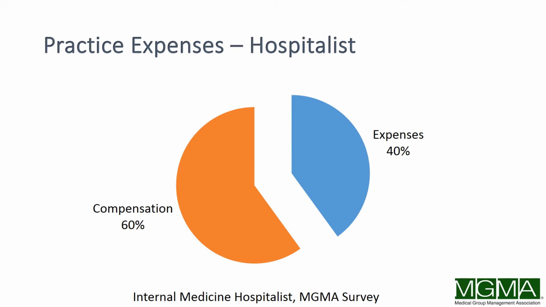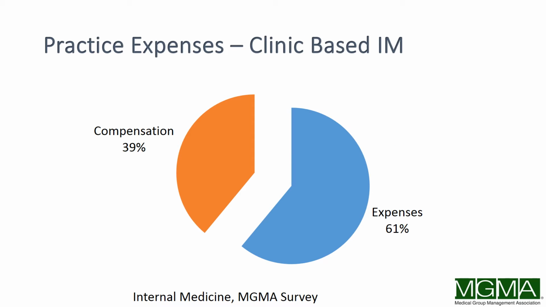For some practices, such as a hospitalist practice, these expenses consume about 40% of the revenue brought in to the practice. For clinic-based internal medicine, these expenses grow quite substantially to about 61% of the revenue generated by the practice.